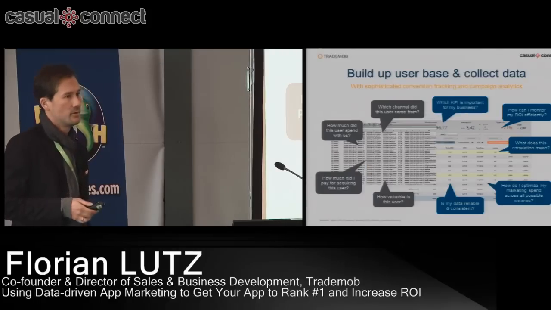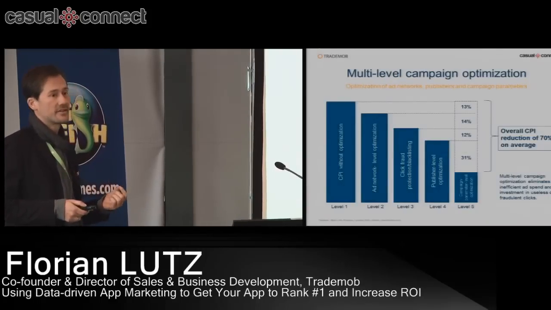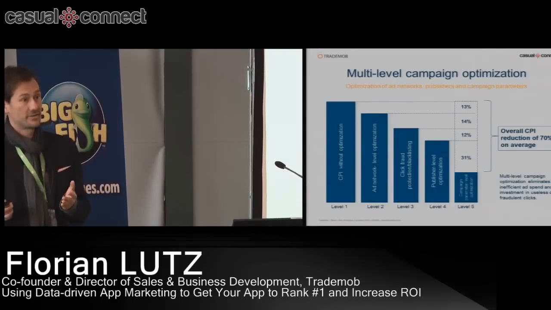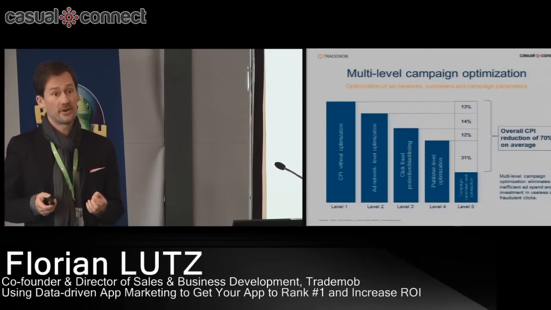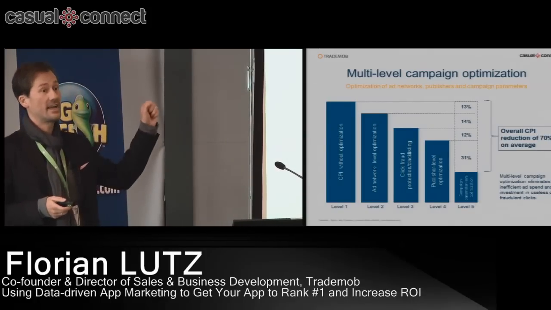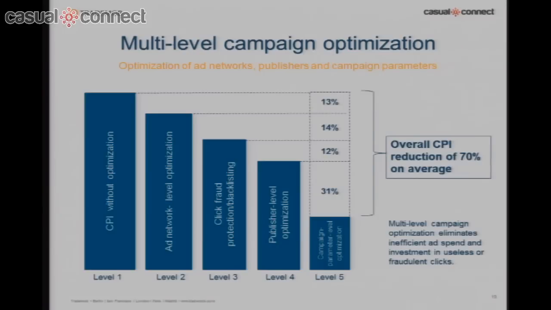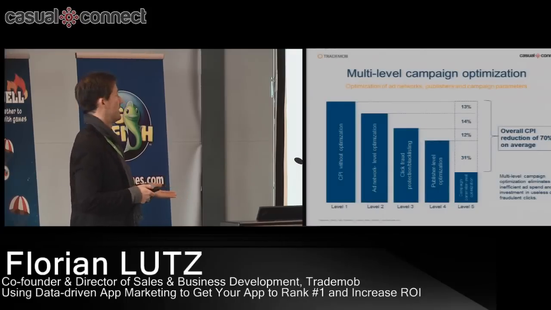By using this data, you make marketing decisions in real time. Some of these decisions you could take yourself, right? If you're seeing that network A is performing quite well and network B is not performing at all, quite easy, you shift budgets away from network B to network A. And that gives you quite a good chance of improving your average CPI by quite a good value.